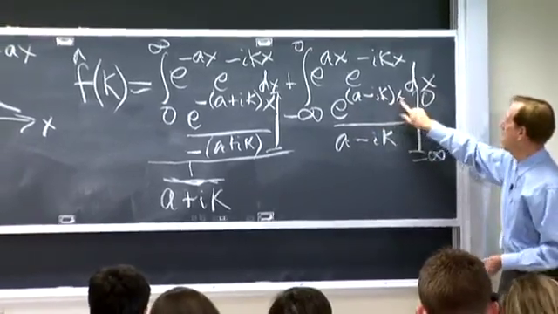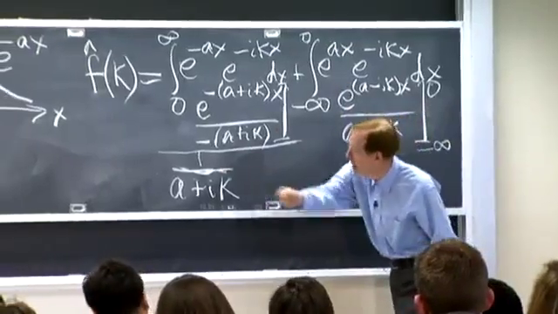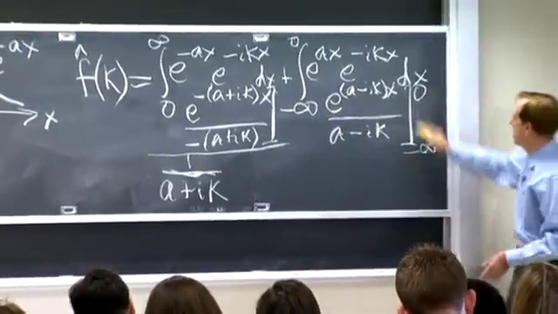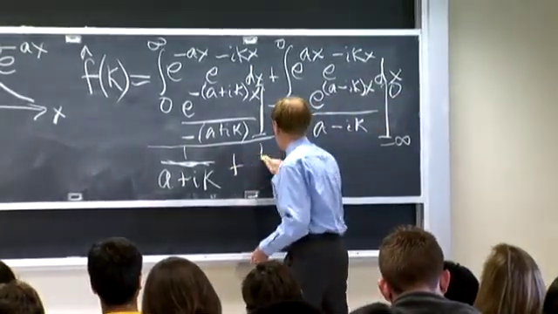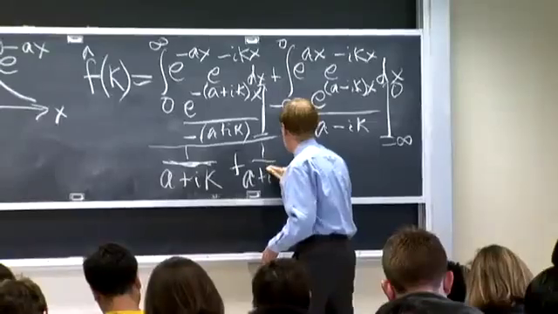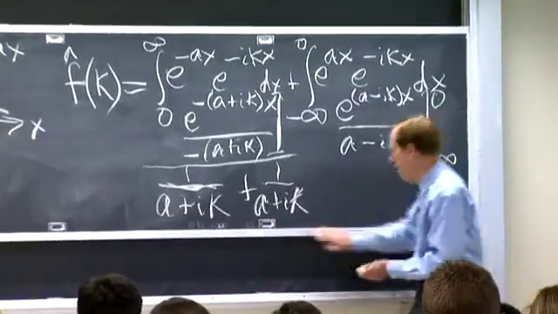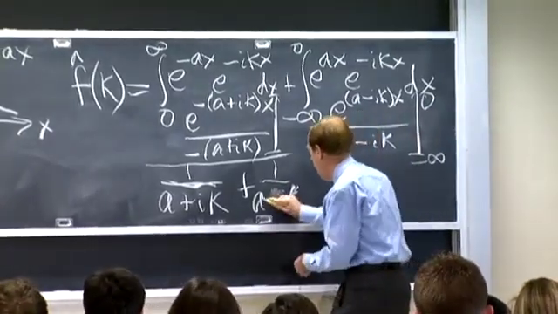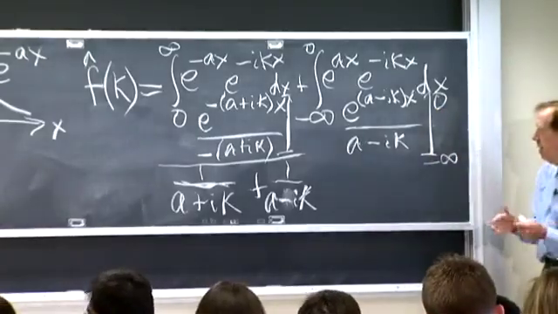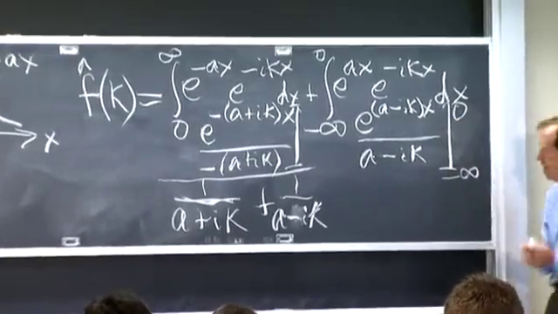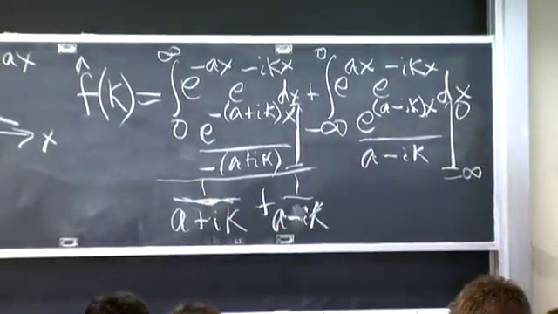This e to the ax at minus infinity will be 0, where the function starts way down at 0. And at x equals 0, this is a 1. So I just get 1 over a minus ik. Somehow it can't be an accident that this is the complex conjugate of that. Somehow, that's not a surprise.